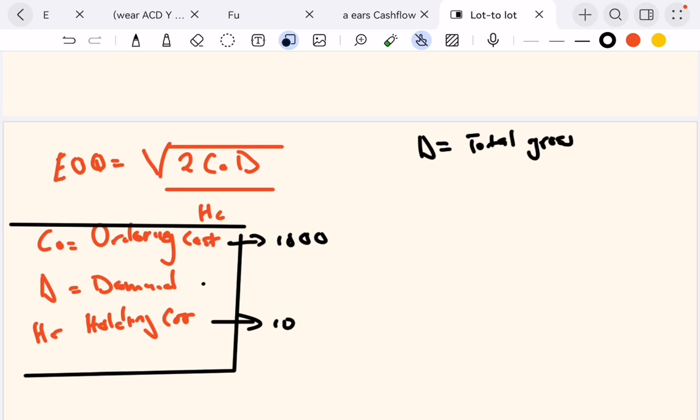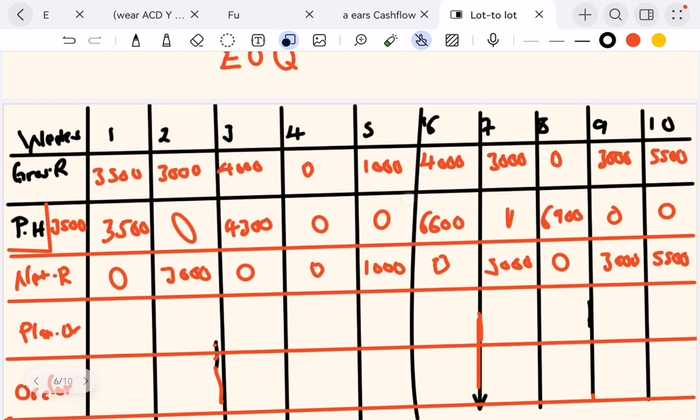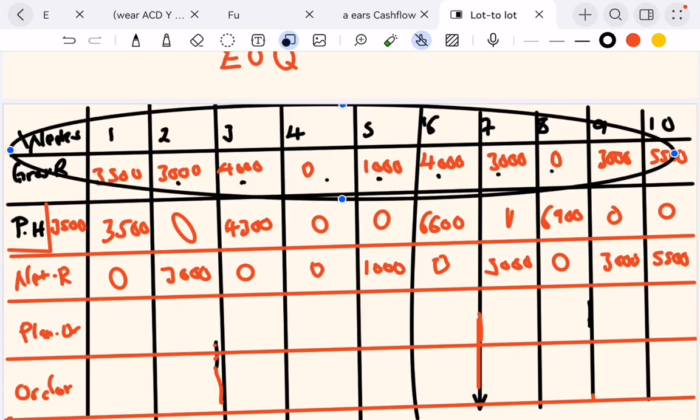We need to calculate 3,500 plus 3,000 plus 4,000 plus 0 plus 1,000 plus 4,000 plus 3,000 plus 0 plus 3,000 plus 5,500. These numbers here, we need to calculate them as the gross. That is the demand.